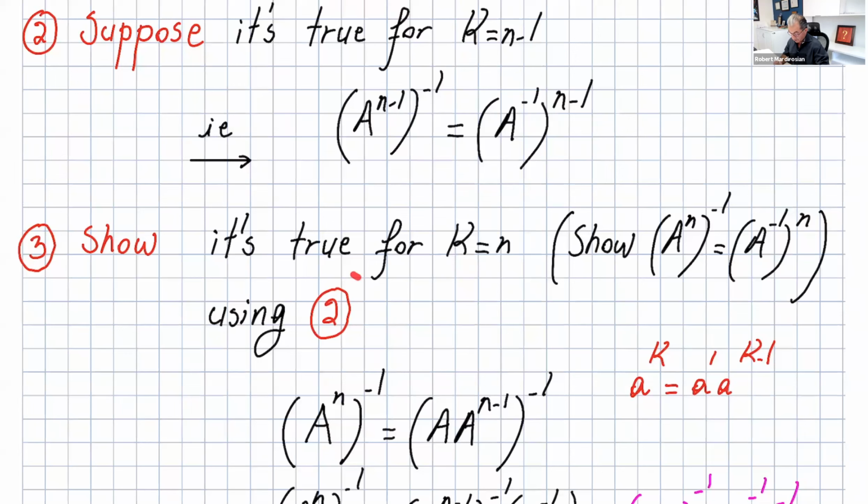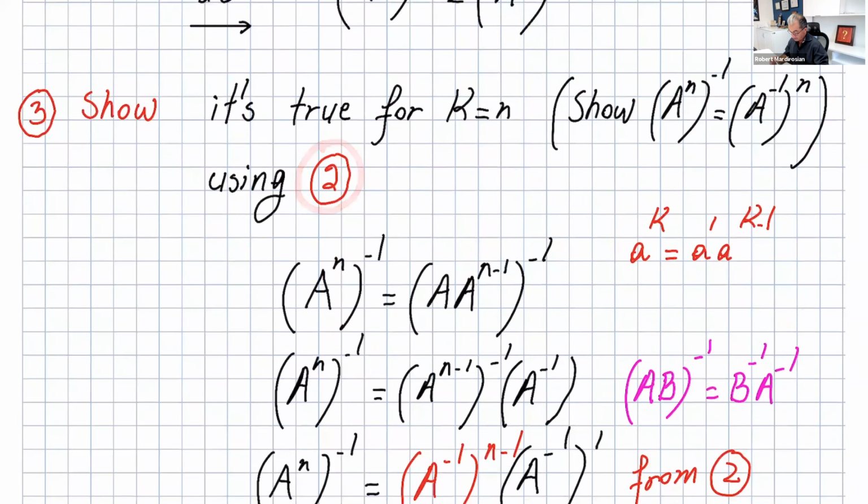Step 3: show it's true for k equals n. That means you want to show that A to the power of n inverse is the same as A inverse to the power of n, using step number 2. So let's see what happens. You write A to the power of n inverse. Well, first you start with the left side.